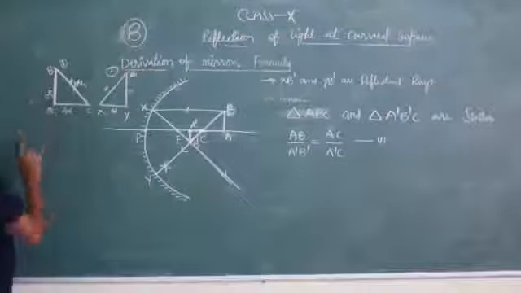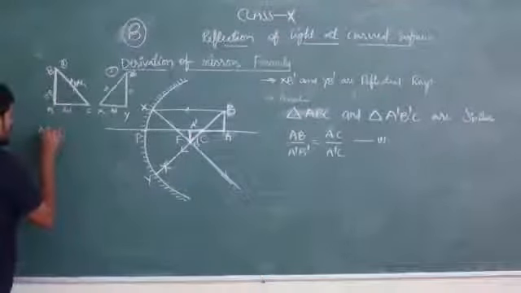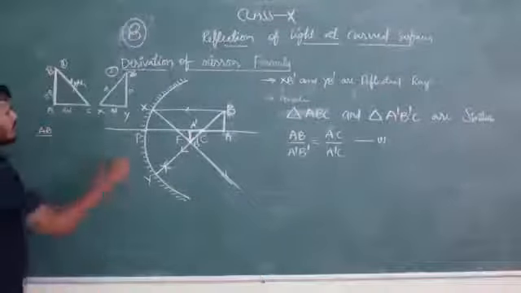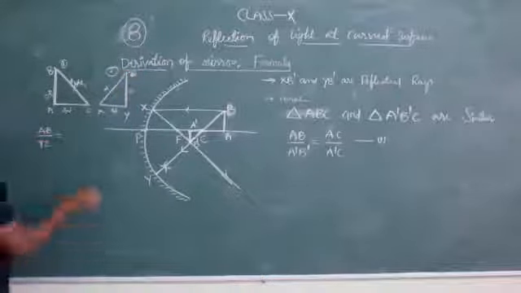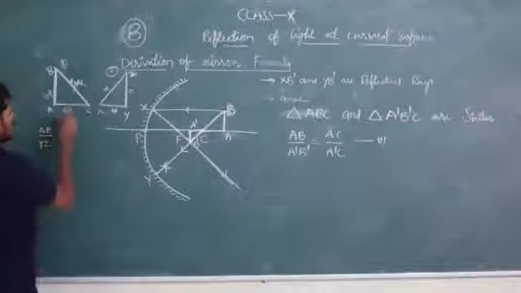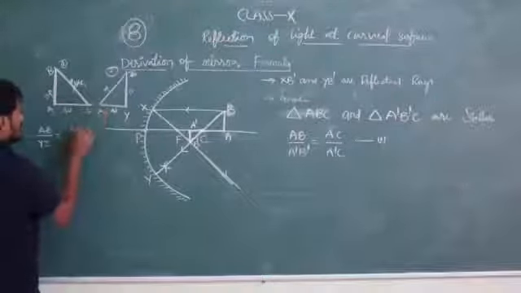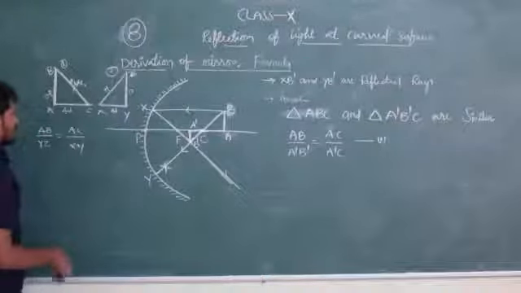So first triangle opposite side AB by second triangle opposite side, that is YZ, equals to first triangle adjacent side, that is AC, by second triangle adjacent side, that is XY.